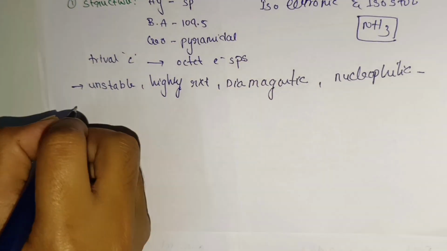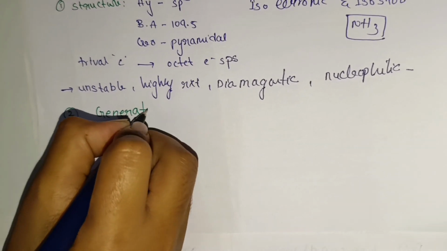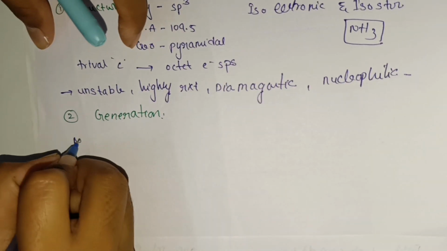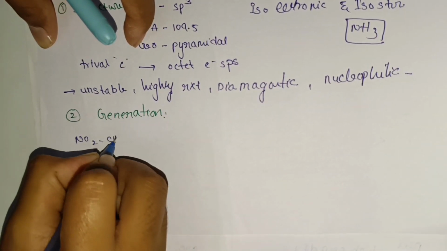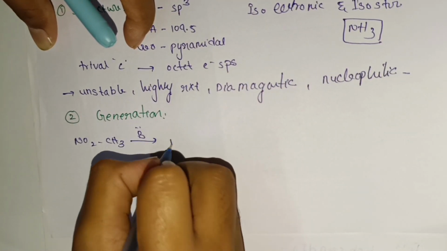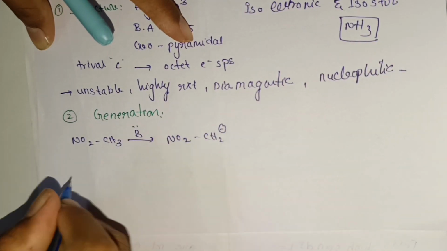Next, the second topic is generation. CH3NO2 in the presence of base forms CH2NO2 minus.